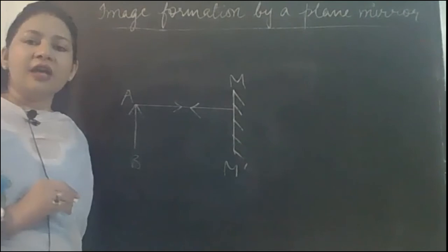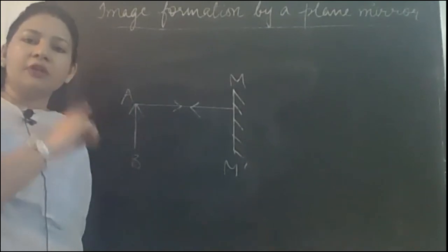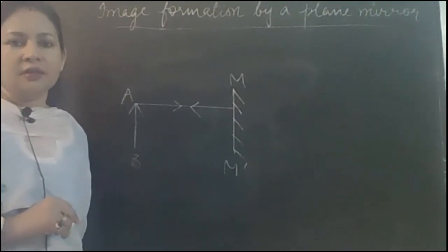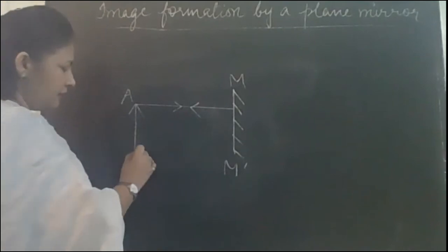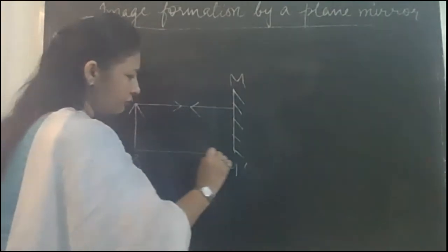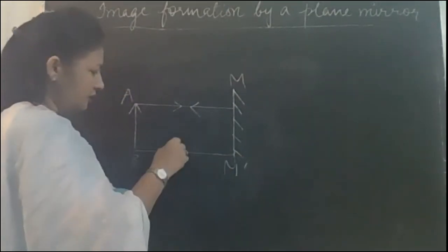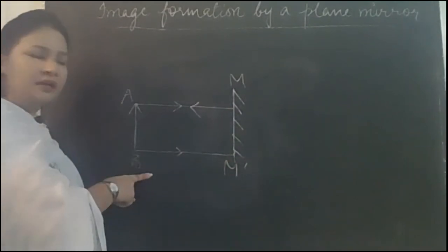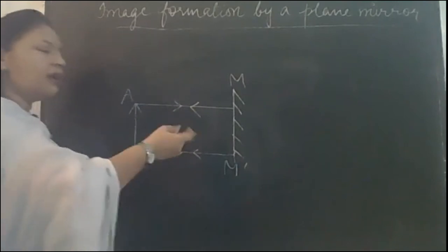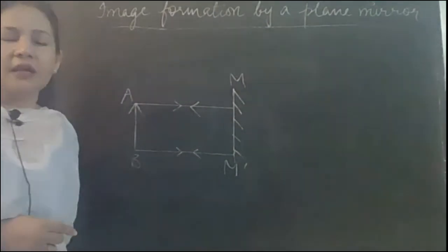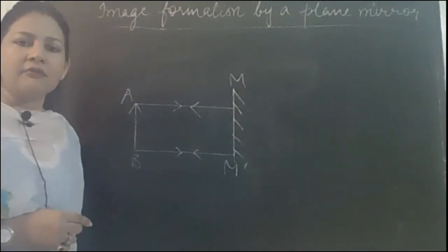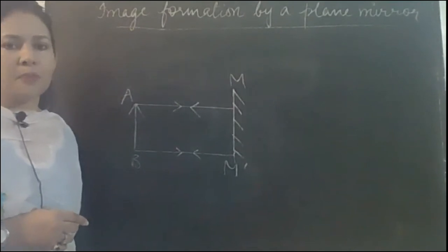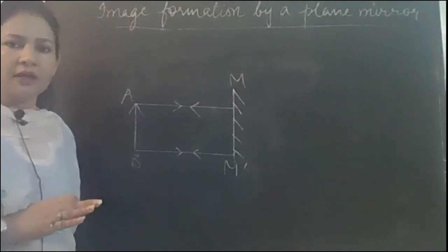Let us take one more ray coming out of the foot of the object. It is also hitting the mirror normally, so the reflected ray will again retrace its path. Up till here it is clear.